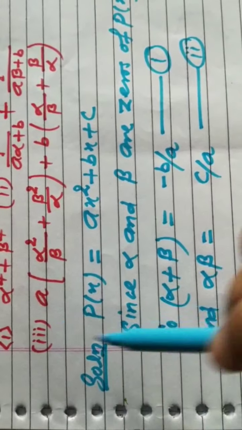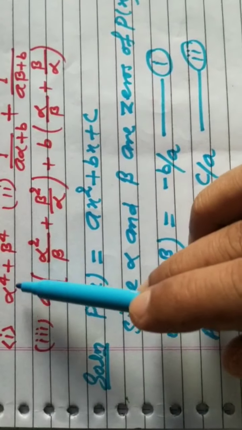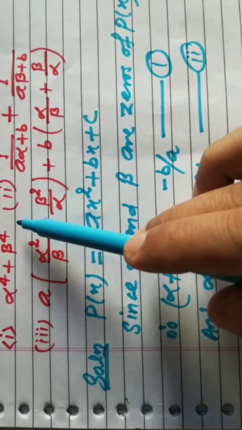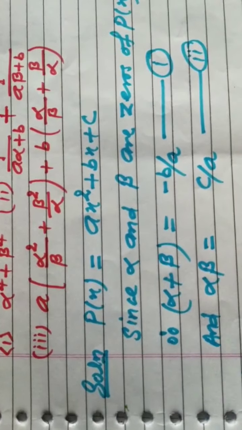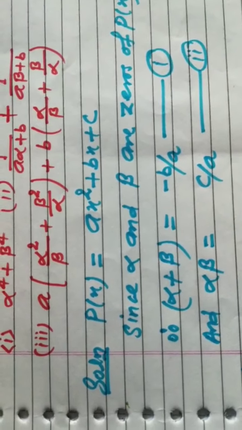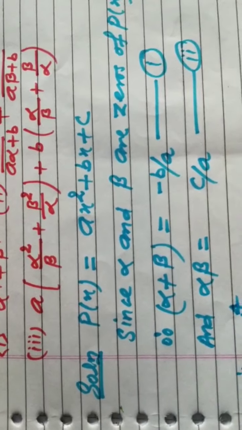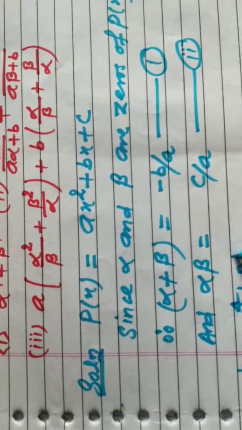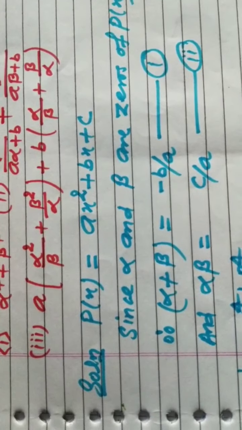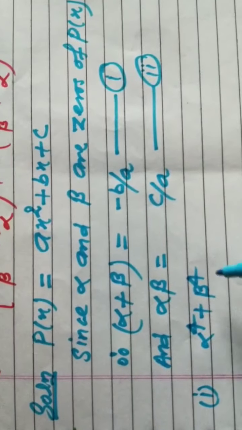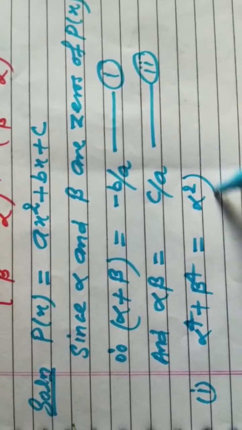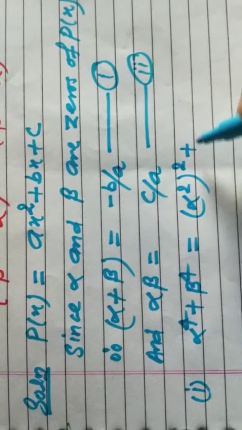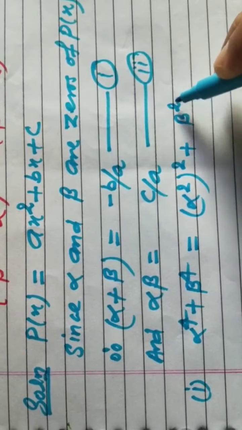Now come to the first question. We have to find the value of alpha power 4 plus beta power 4. So alpha power 4 plus beta power 4 can be written as alpha square the whole square plus beta square the whole square.